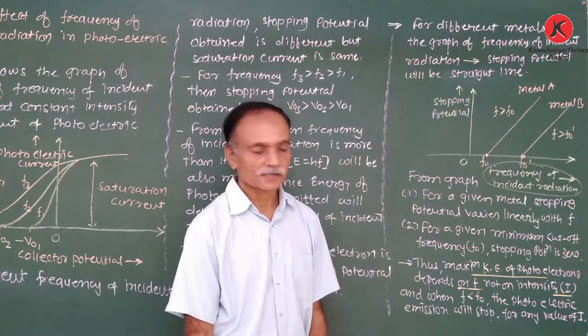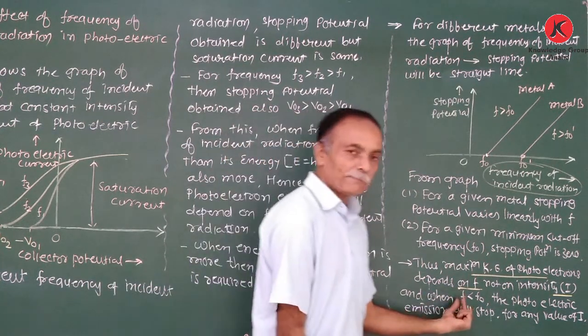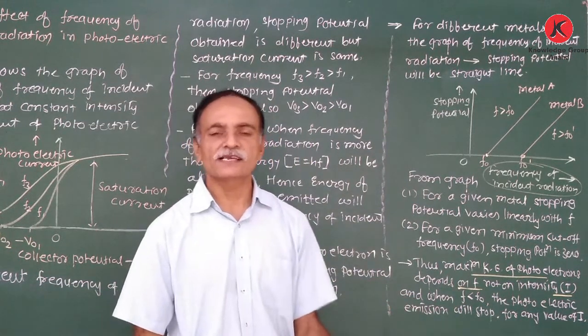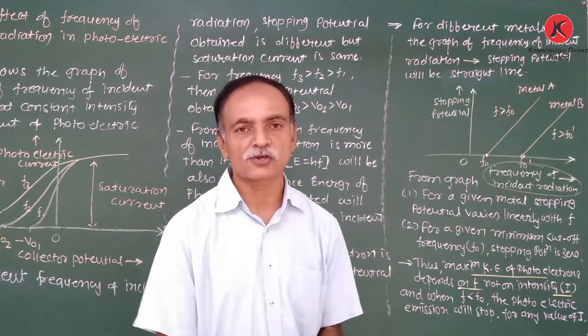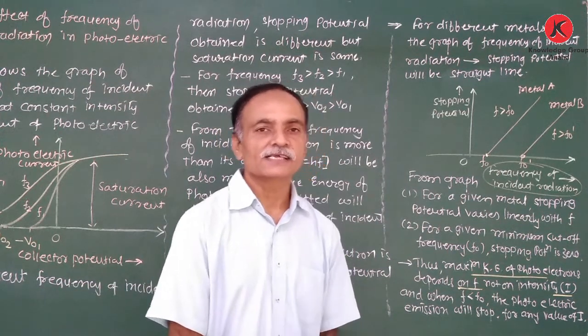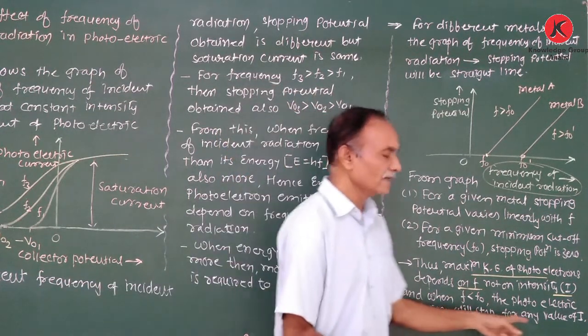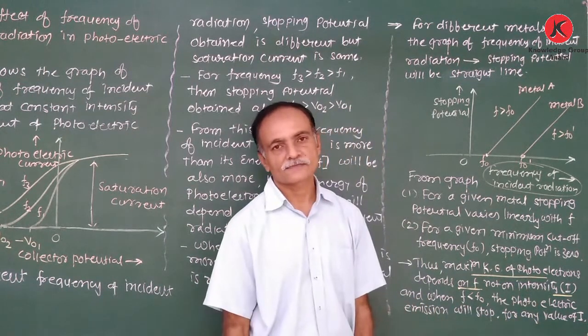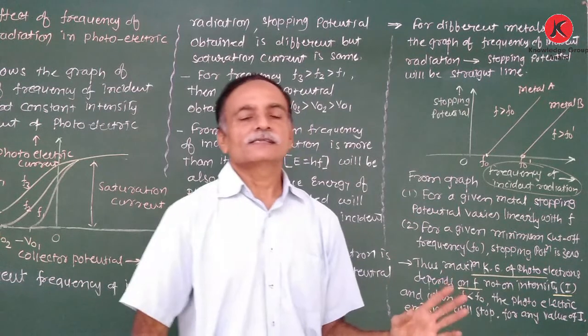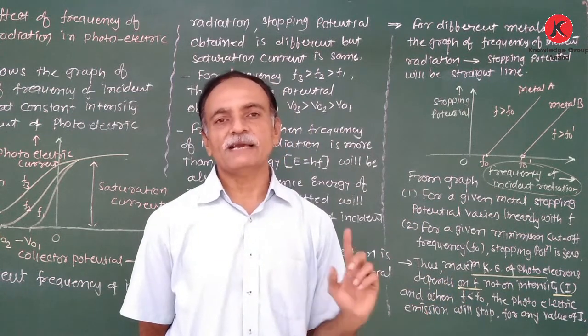And when F is less than F0, that means the frequency of incident radiation is less than the threshold frequency, for any given intensity, photoelectric emission does not take place. So in short, in the photoelectric effect, the minimum frequency required is F0.